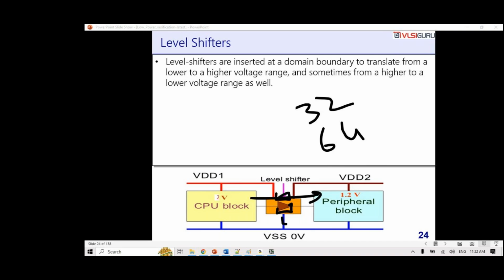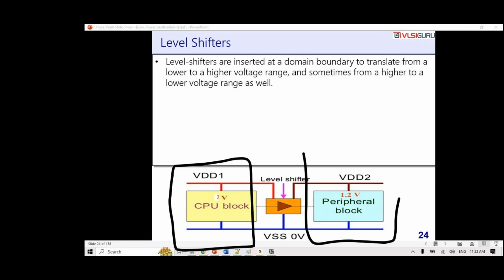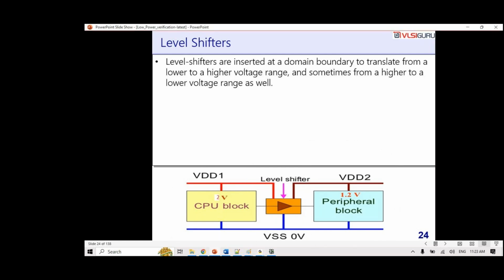Level shifters will be kept at the boundary of one voltage domain to the other voltage domain. Level shifters are inserted at a domain boundary to translate from lower to higher voltage range, sometimes from higher to lower voltage range, and vice versa, right? It has to work on both sides.